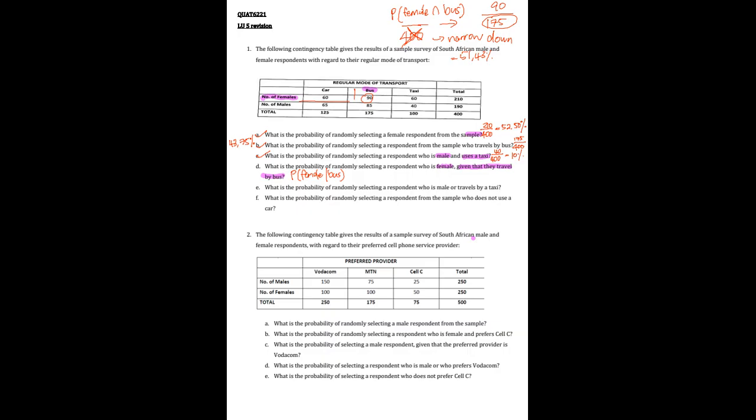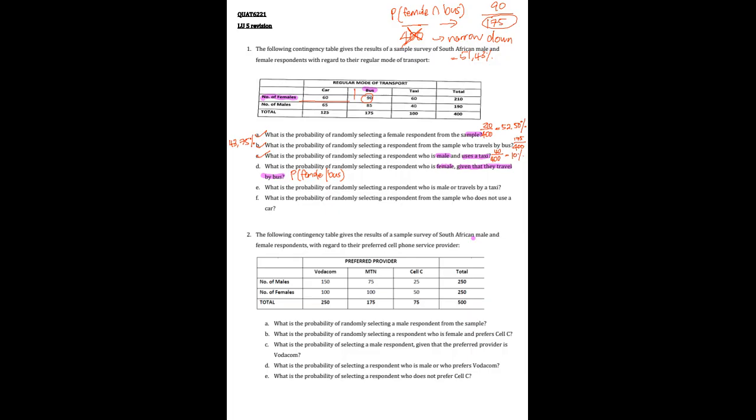So here you'll say the probability of selecting a female given that you, sorry, I just want to read the questions. The word given was not included in the third one here for C. They didn't say it was given that the person had traveled by taxi.